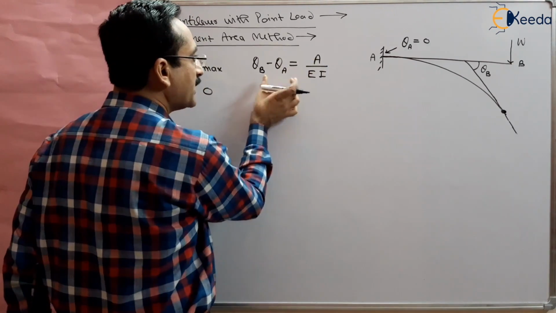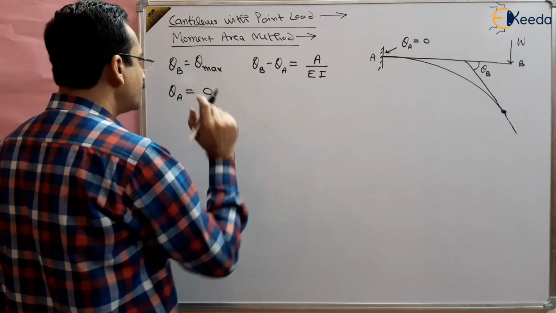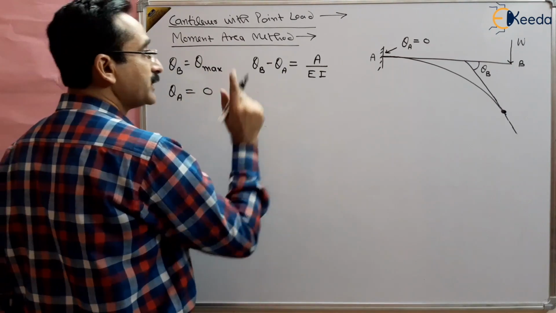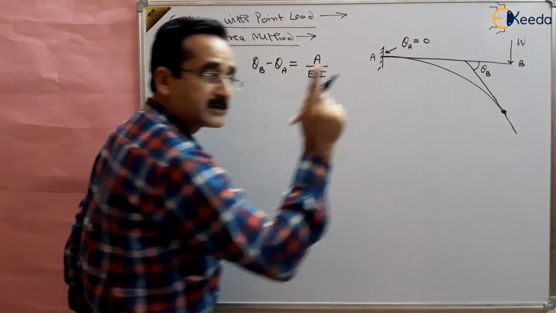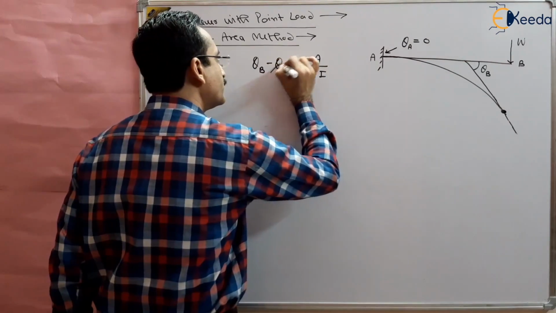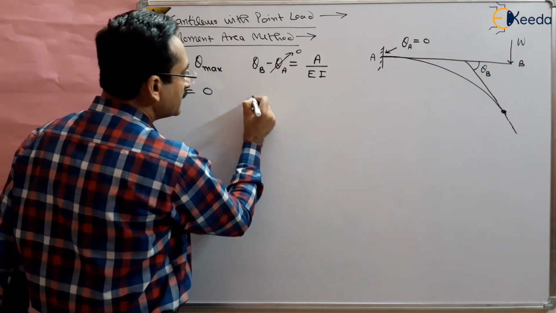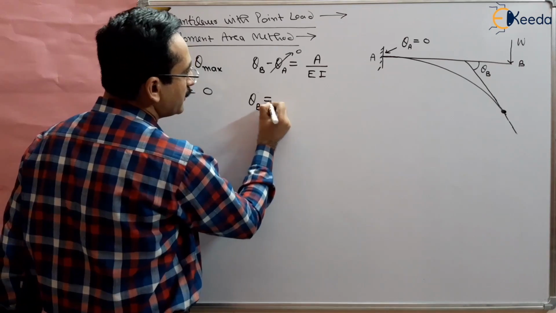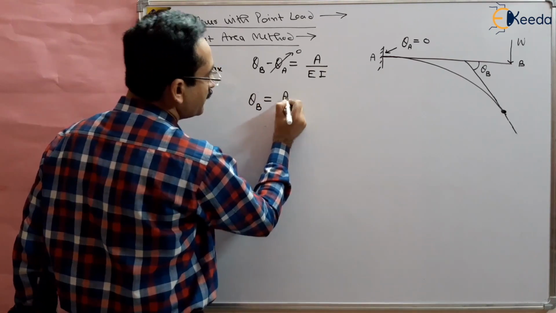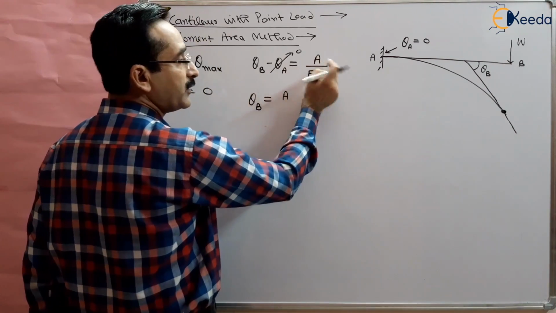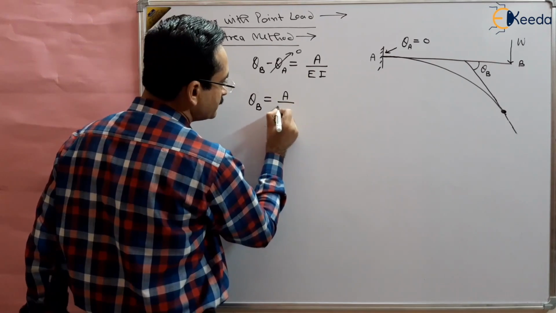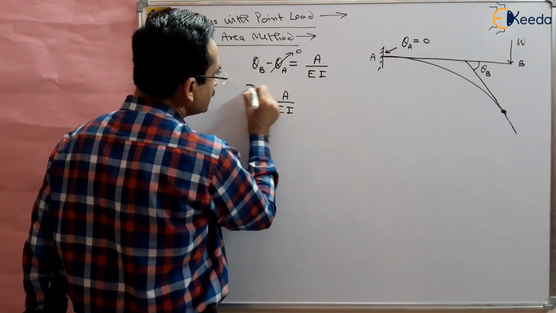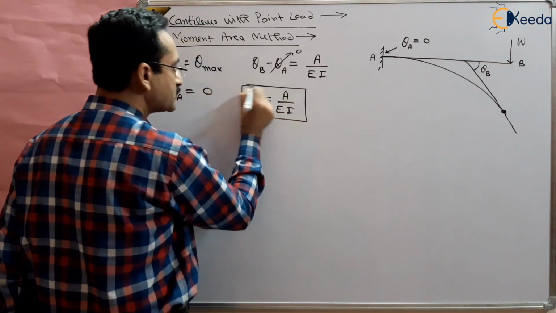Theta A is 0 because the slope at the fixed end is 0. So ultimately theta B equals the area between B and A divided by EI. This is how we can find the slope.